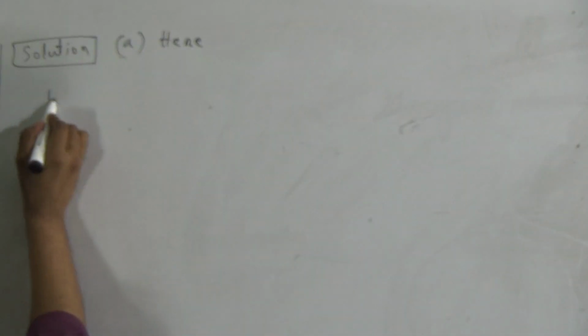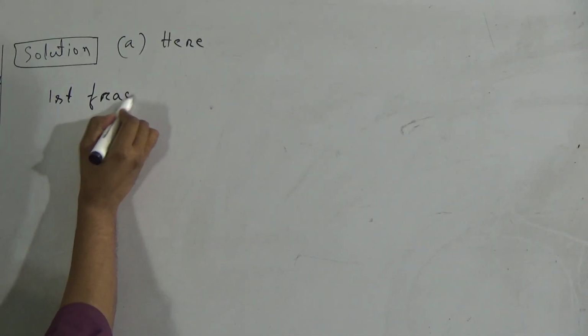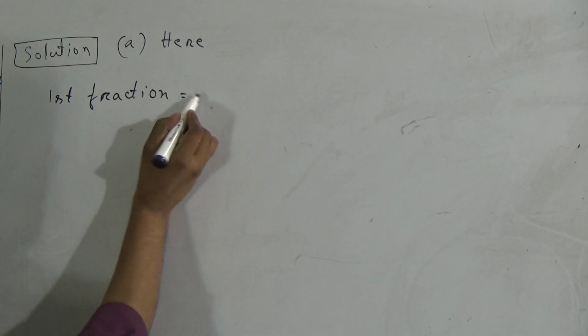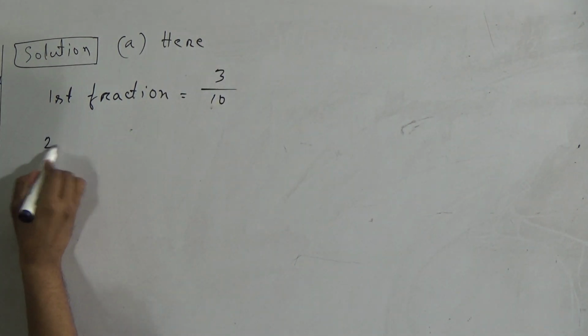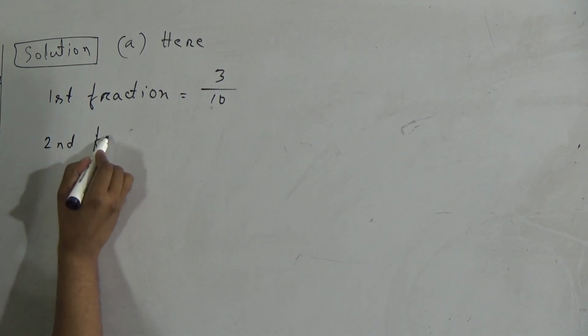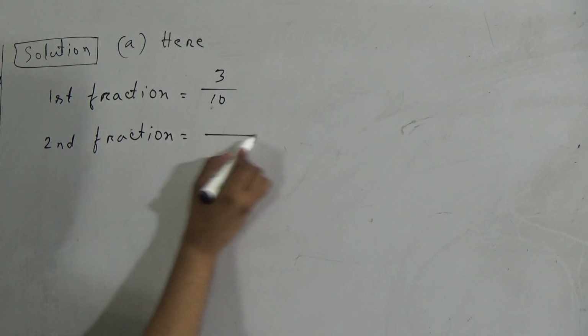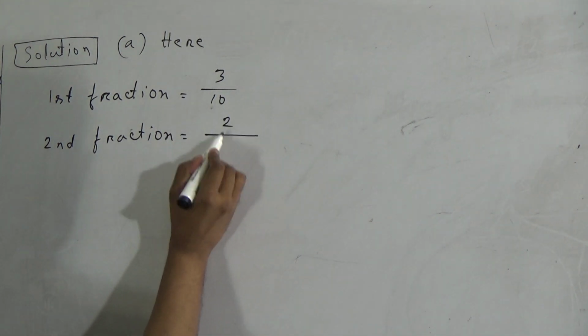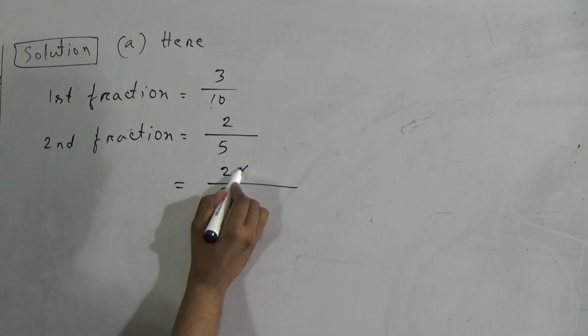Here first fraction is equal to 3 by 10. Second fraction is equal to 2 by 5. We will multiply the numerator and denominators by 2.